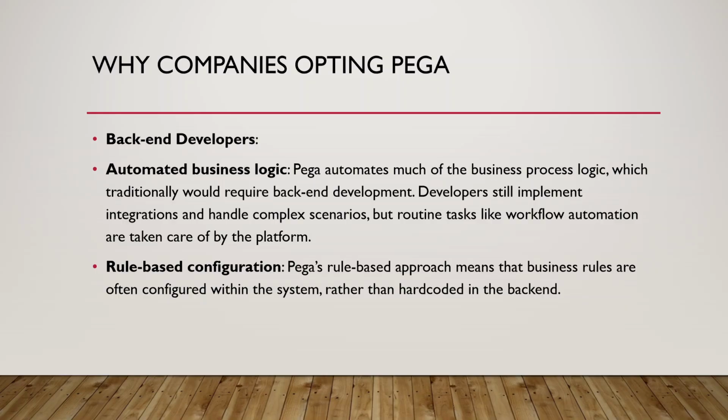The person who learns Pega can develop the front end along with the back end, which saves money for the company. Along with that, the money paid by the company to an individual who learns Pega is also high. That's the reason why Pega has high demand. Any doubts? Okay, I consider it as no.